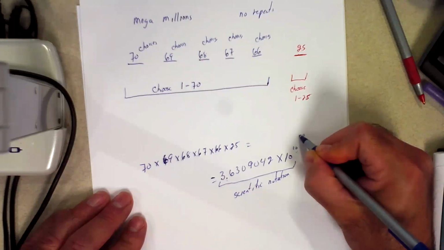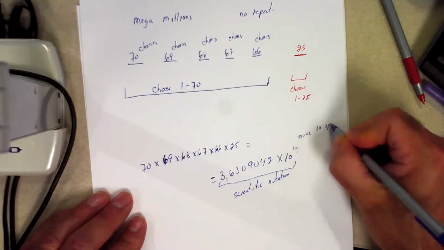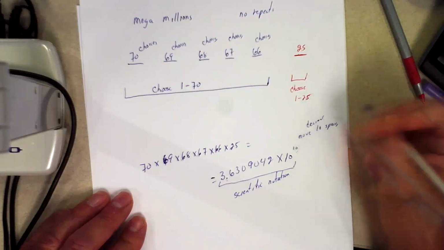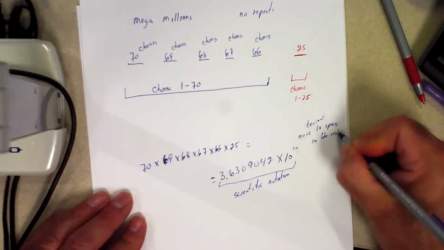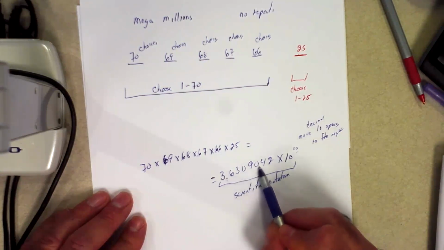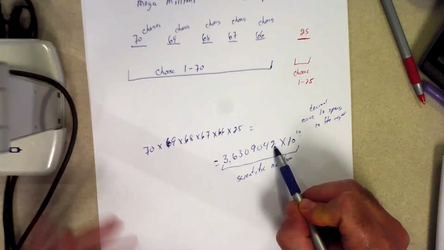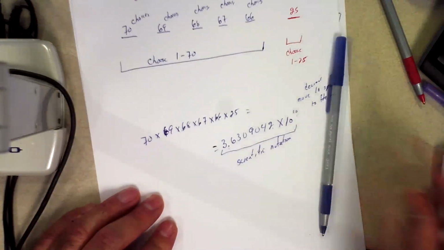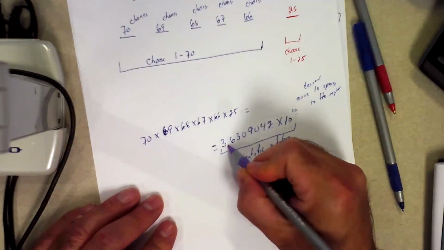So I go 1, 2, 3, 4, 5, 6, 7, and then I have to add 8, 9, 10, 3 more zeros. That's what that means.